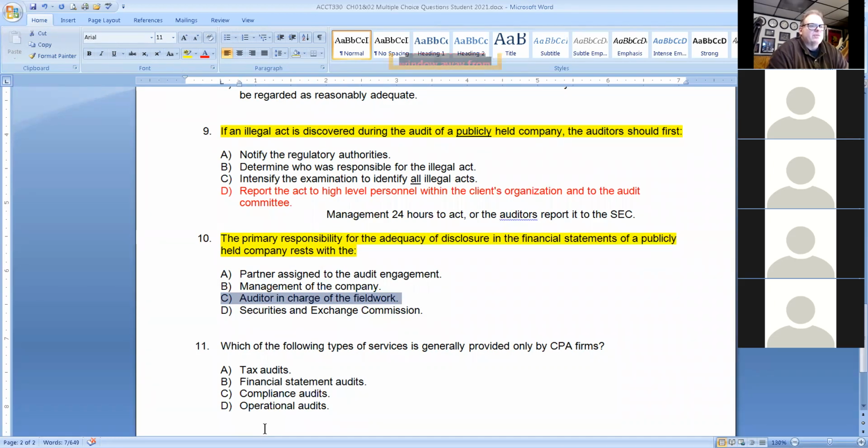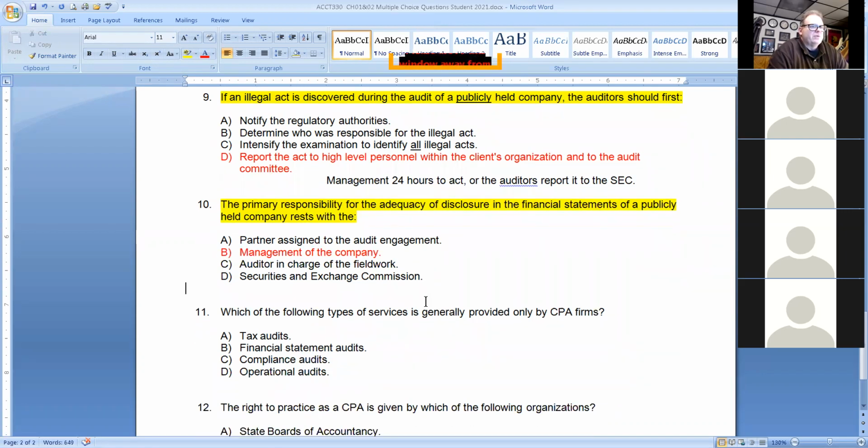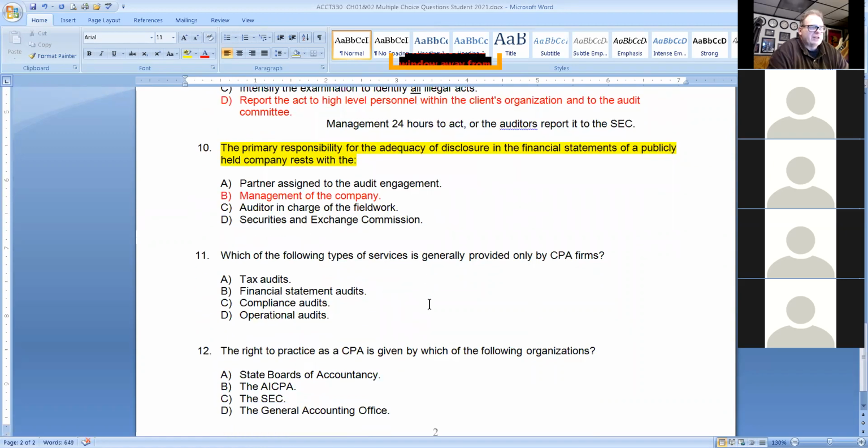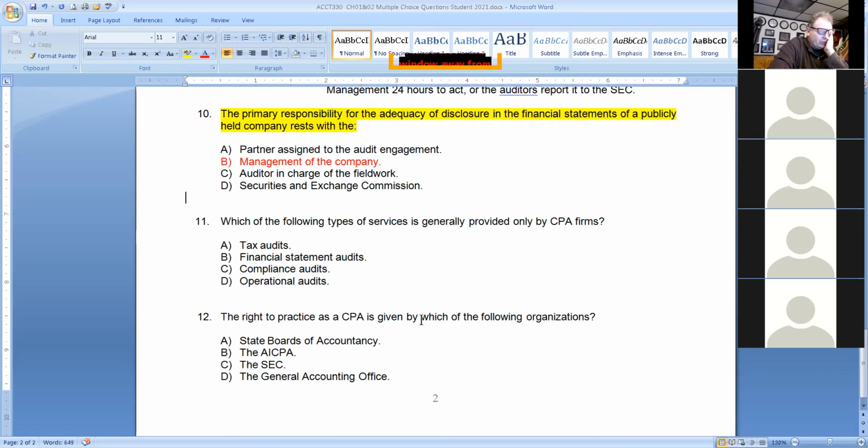So who is responsible for the financial statements? Management. Yep. Management is responsible for the financial statements. Our responsibility is to issue an opinion on the financial statements. So the financial statements are management's responsibility. Our responsibility is to make an audit report.